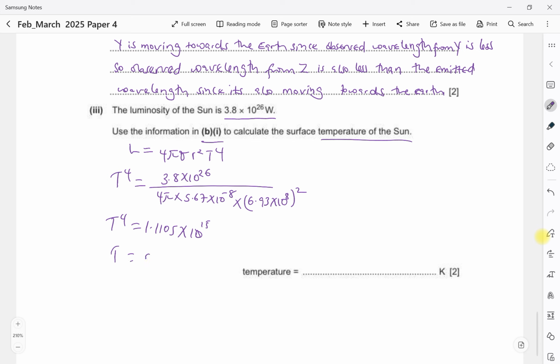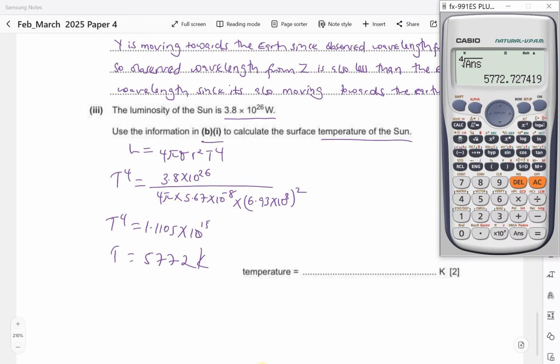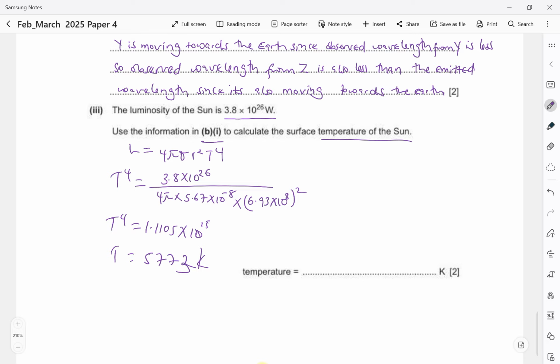So T is equal to 5772 Kelvin, which is approximately 5800 Kelvin.